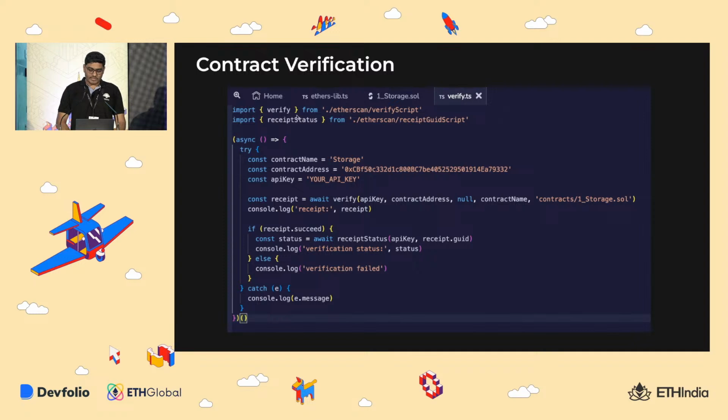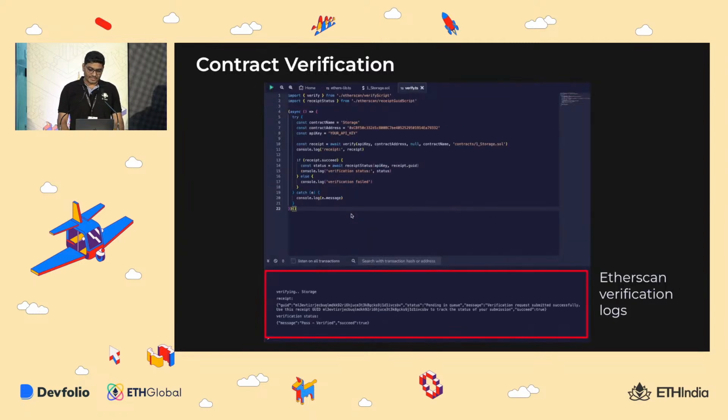You can import those Etherscan scripts, give the desired values, and your Etherscan API key will be needed because it internally hits the Etherscan APIs. You can provide all the values required, and then just run this script. The result from this script will come on the Remix terminal. So you can see the result. We have received the receipt, and then we have used the GUID from the receipt to check the status of that particular contract verification.